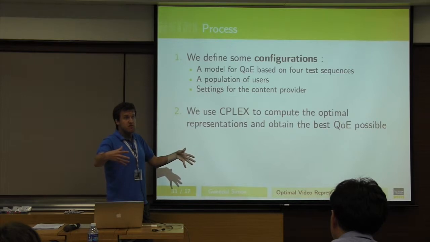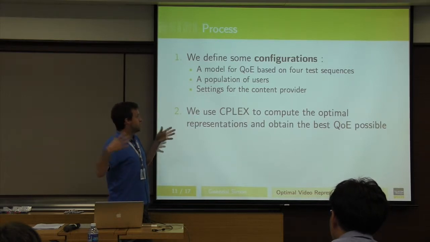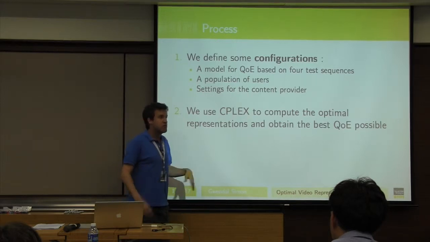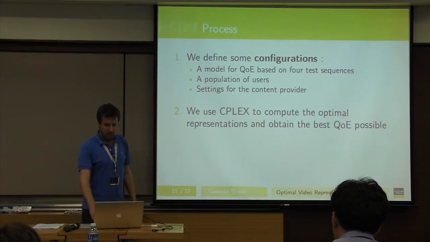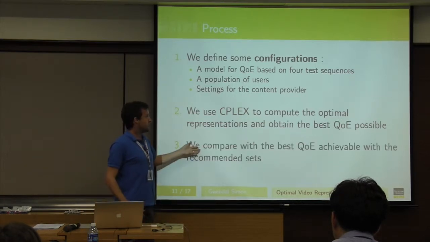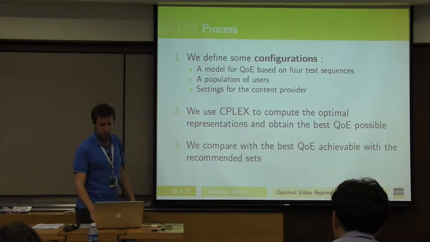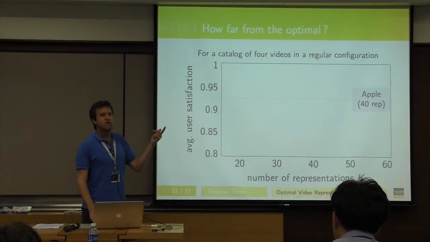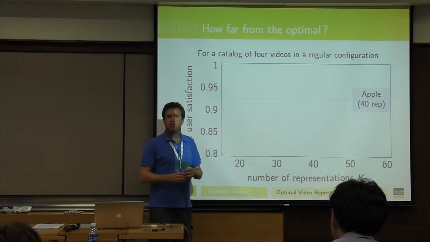It is an instance, it is one system, and we say, okay, what is the best set of representations that maximizes the quality of experience for the user, and then we compare what is achieved by the recommendations of vendors. So we got Apple, Netflix, Microsoft. You can add the one you implement if you want.